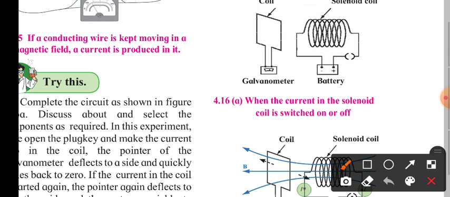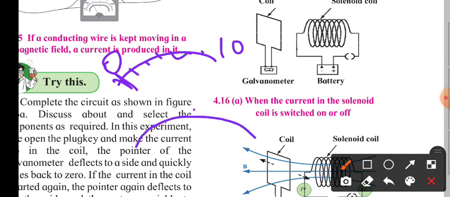Generally, when we talk about electric meters, they have the reading at the end, starting from 0 and going up to, let's say, 10, and it's divided further like this. But in a galvanometer, we have the scale where 0 is at the center. If the pointer moves to this side, then that is one direction of the electric current, or if it moves in the other direction, then the direction of current gets reversed.